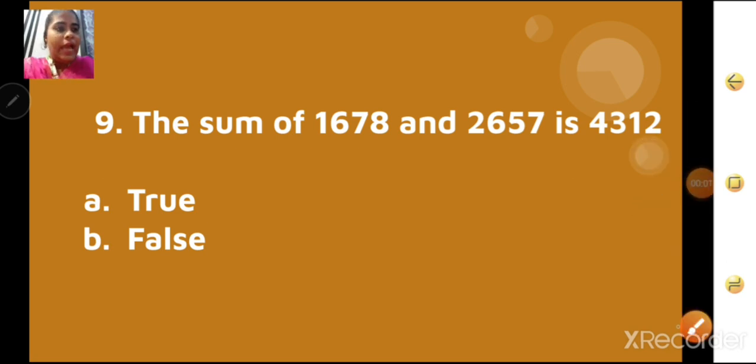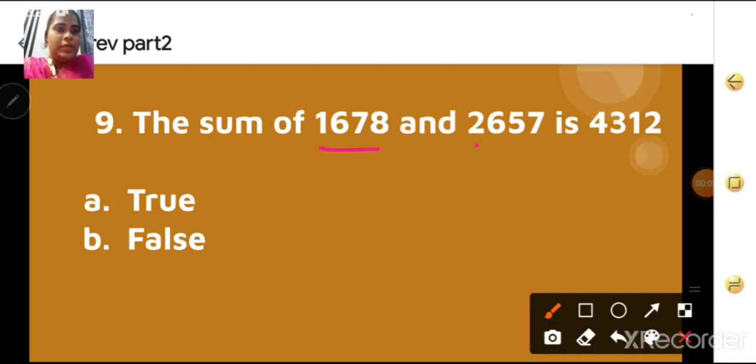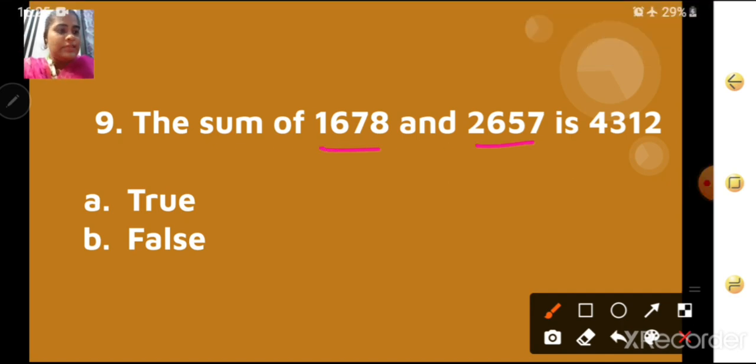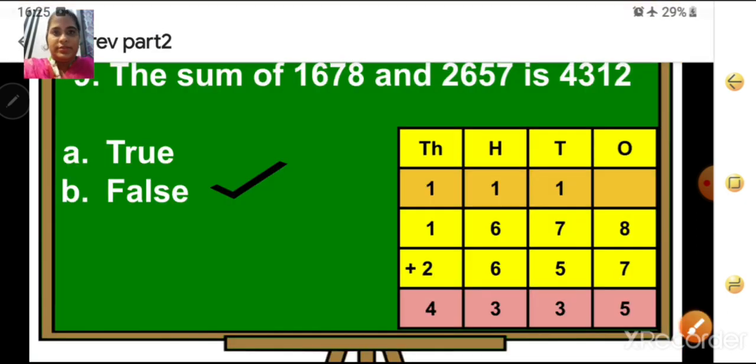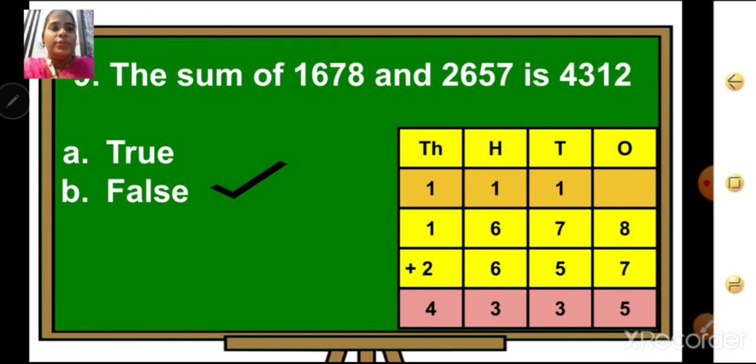Children, if we add both the numbers, we will get the answer as 4335. But here they have written 4312. That means this answer is wrong, so we have to click on false. See children, here I have done the working. The answer is 4335. Got it? Like this you are going to solve in your rough book and check.